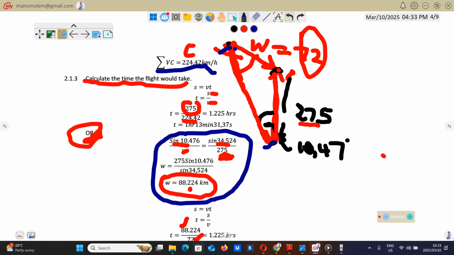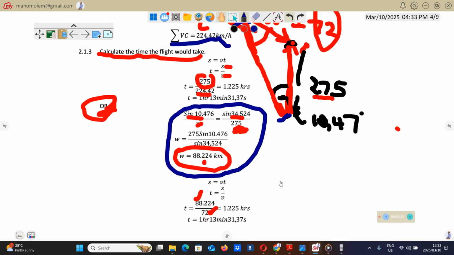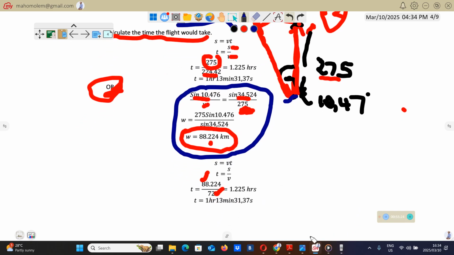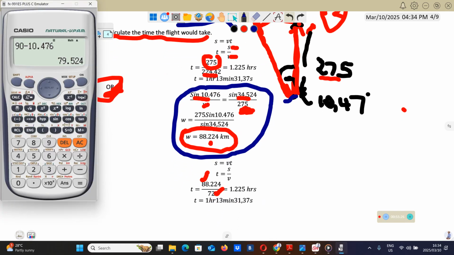Right, so to convert this time into minutes and seconds, you can use your calculator. You can say 88.224 divided by 72 equals.